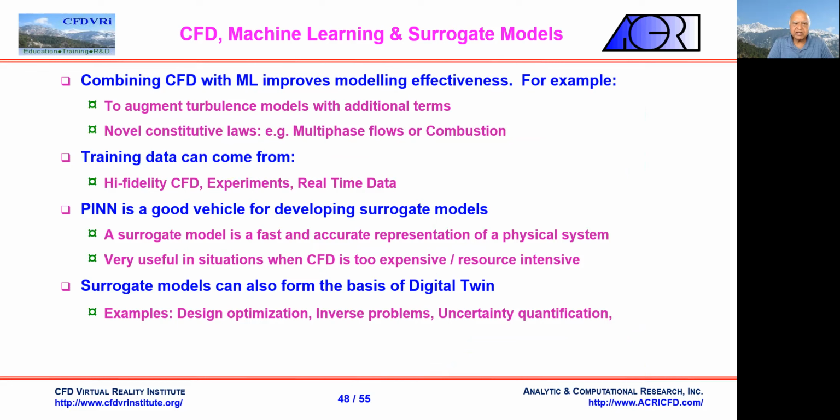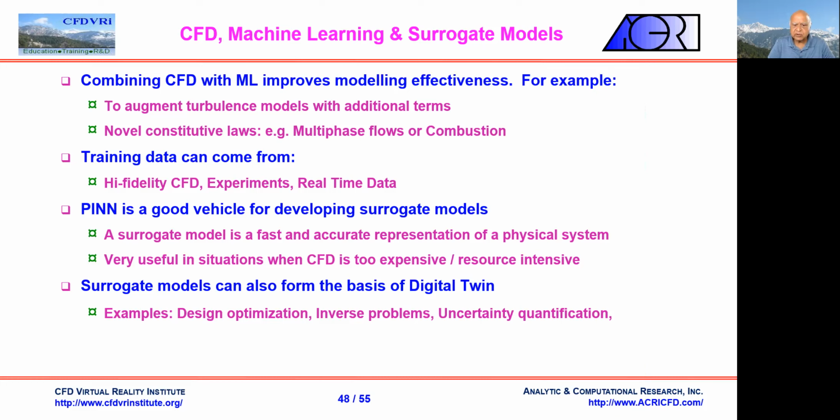The training data for that can come from CFD itself, experiments, and real-time data. So the main advantage of ML is that it combines these. So PINN is a good vehicle for developing these surrogate models. A surrogate model is basically nothing but just a fast and accurate representation of a physical system.